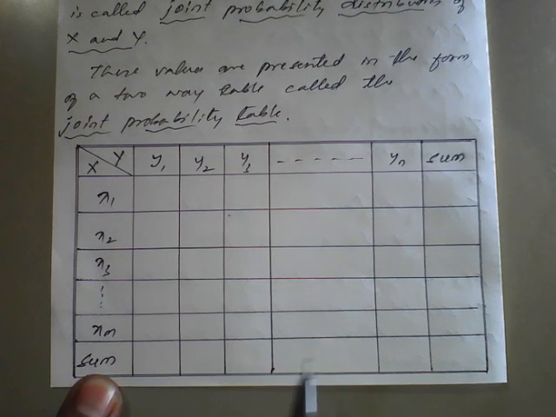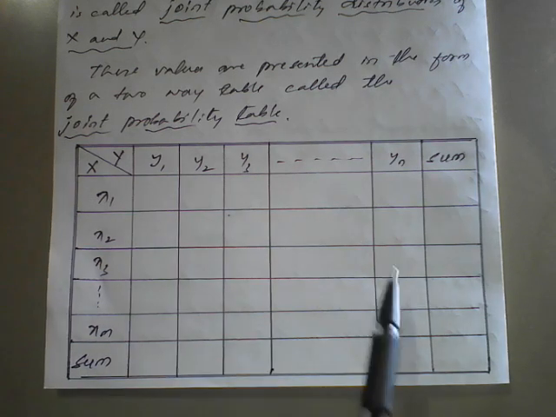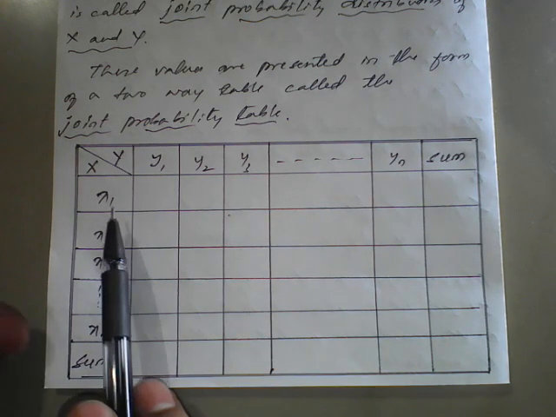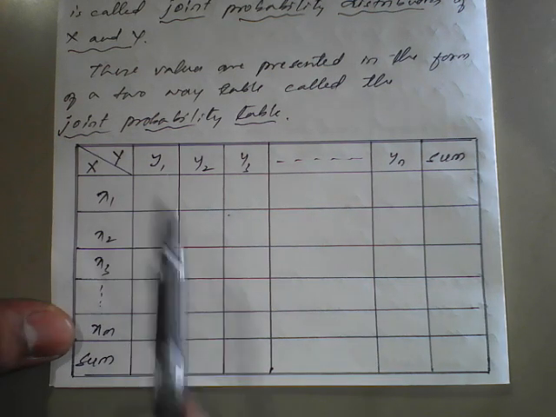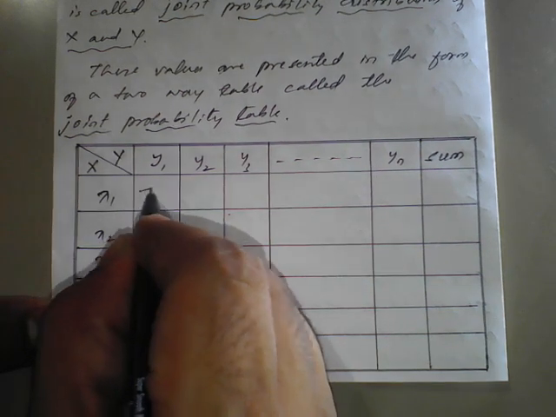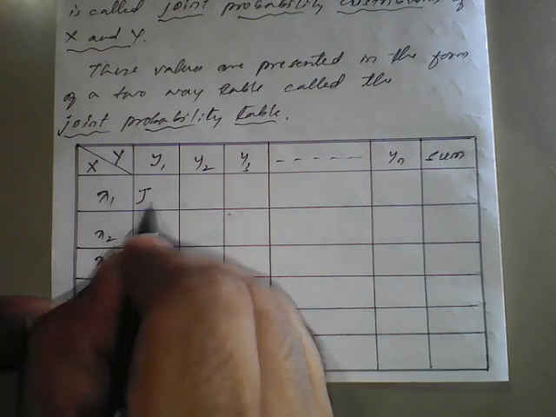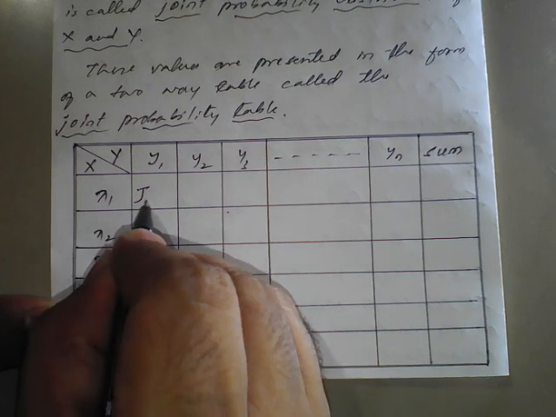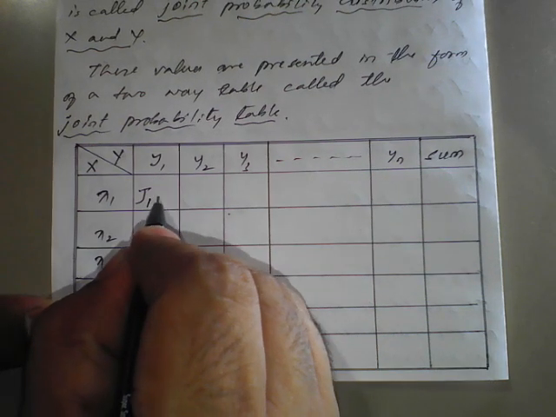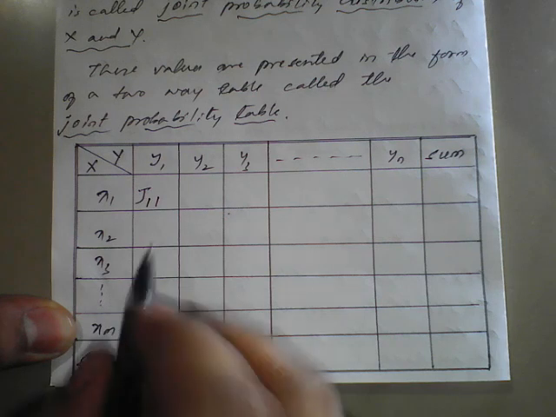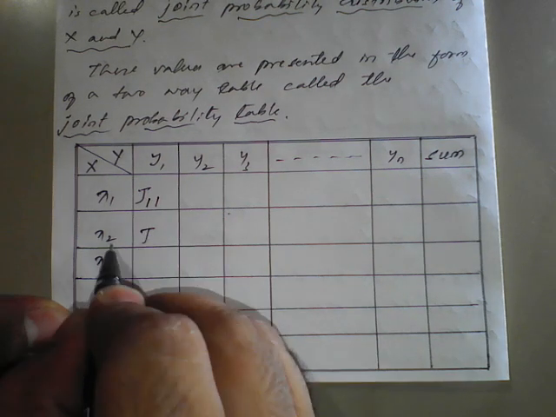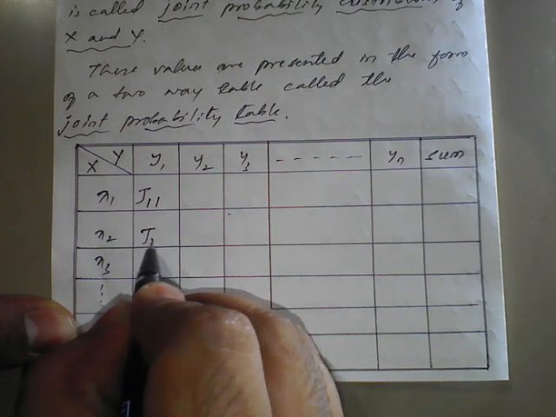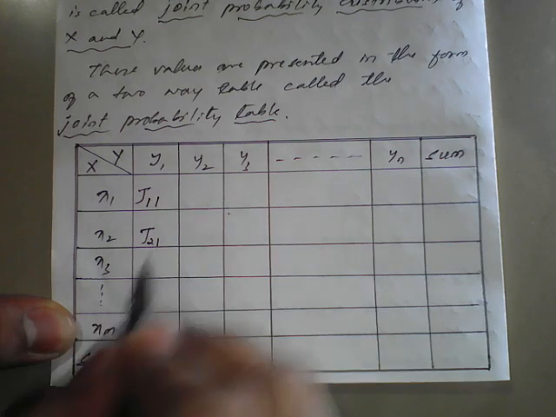Now these values are presented in the form of a two-way table called the joint probability table. The value of x1 and y1 can be written jointly as J of 1 1. Similarly, the value of x will be 2 but the value of y will remain 1, J of 2 1.